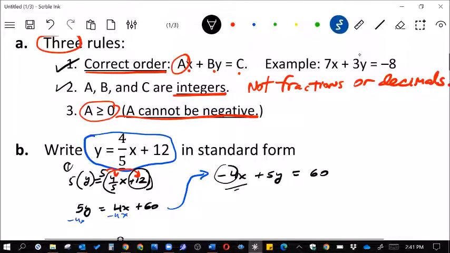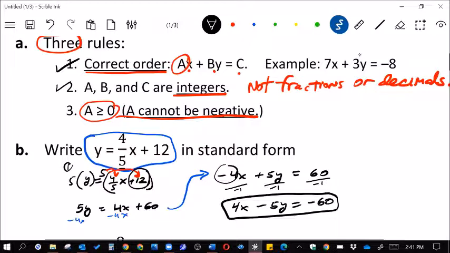So if we divide everything by -1 or multiply everything by -1, we will get 4x minus 5y is equal to -60. And that is the standard form. It meets the three criteria above of having the correct order, only integers, and that the first term has to be positive.